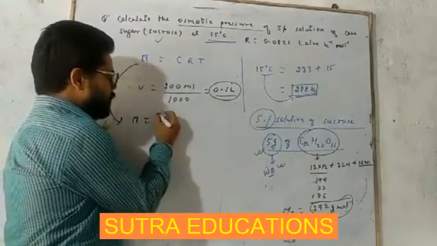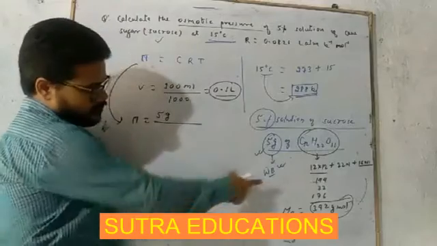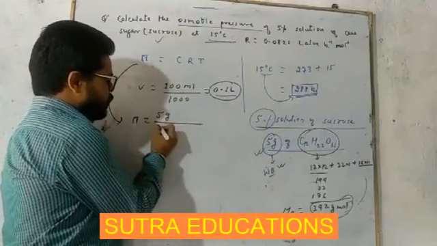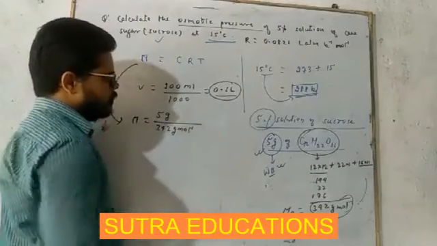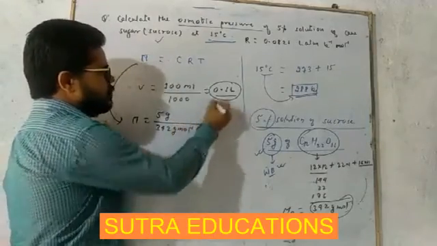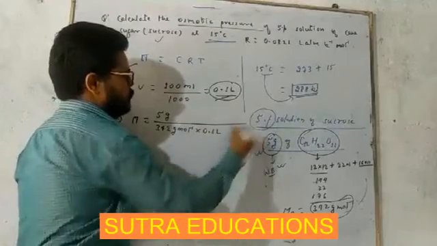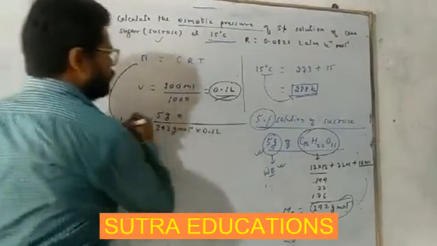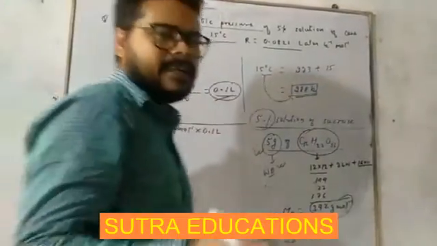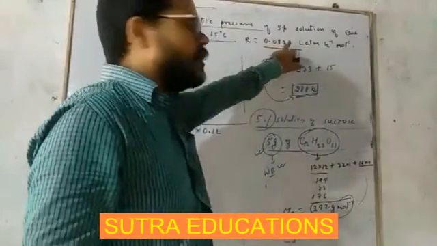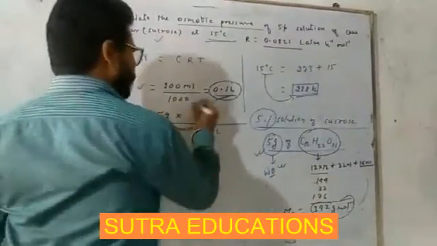So number of moles can be found as 5 gram upon its molar mass 342 gram mole inverse, into volume of solution in liter 0.1, into R. In every case we have to take R as 0.0821 liter atm K inverse mole inverse.